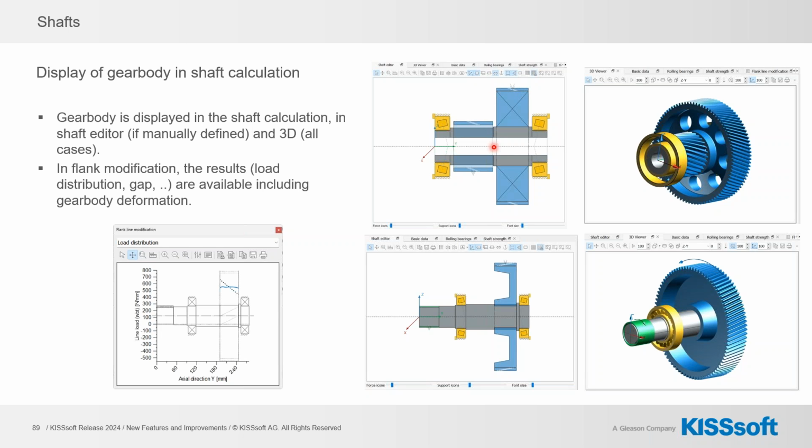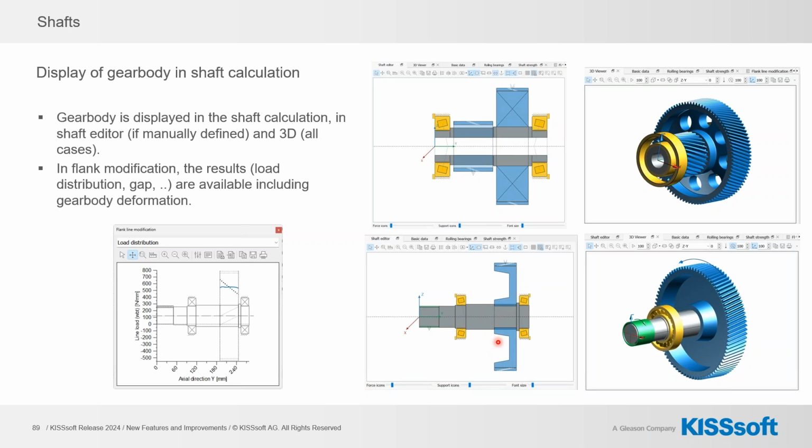However, keep in mind that the 2D cut in the shaft editor is represented by a symbolic display, whereas for a manually defined gear body in the gear calculation, we can see the exact shape in the shaft calculation as well.